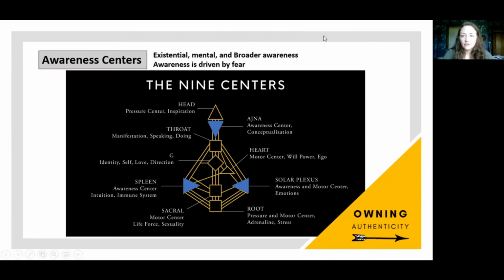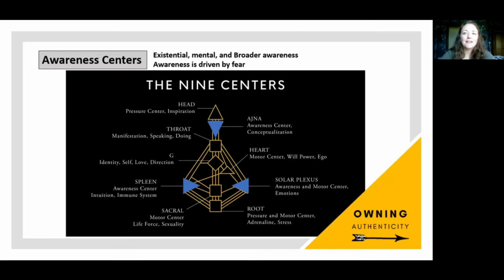And awareness is driven by fear. This is a really important point to keep in mind when we think about how these awareness centers operate. Fear drives our desire to pay attention. It is a very helpful survival instinct.